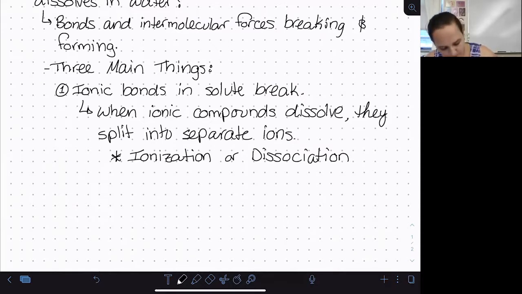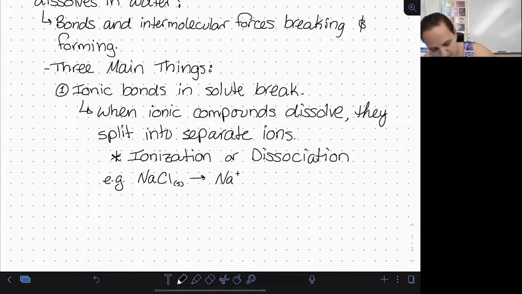So, for example, when sodium chloride dissolves, we know that what we get is aqueous sodium ions and chloride ions.